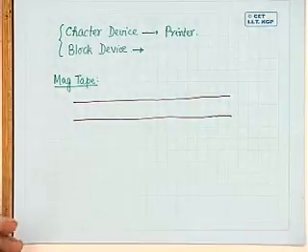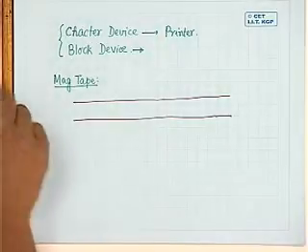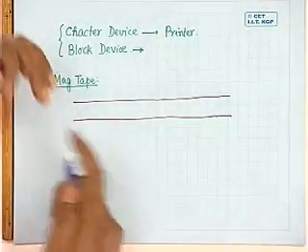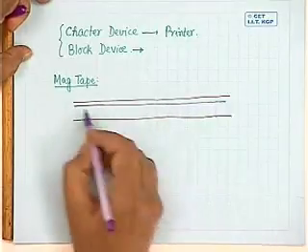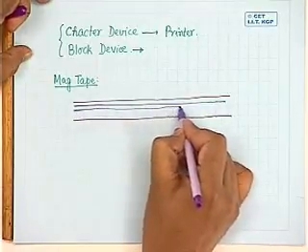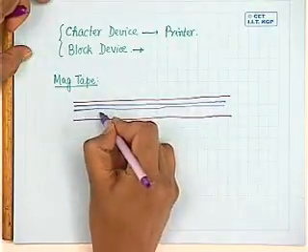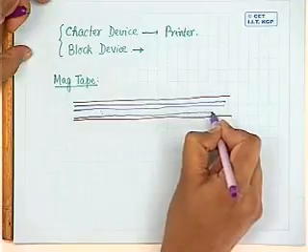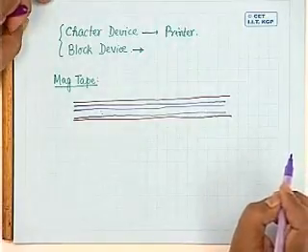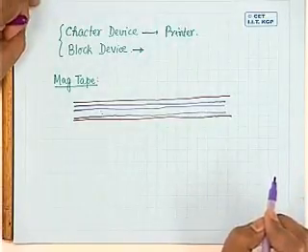The tape typically contains 9 tracks, which are meant for storage of data.